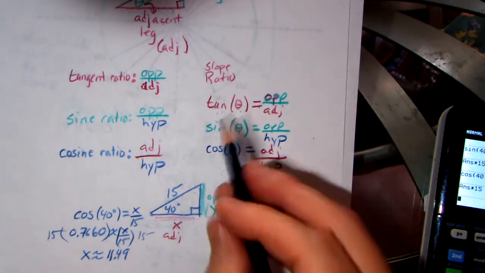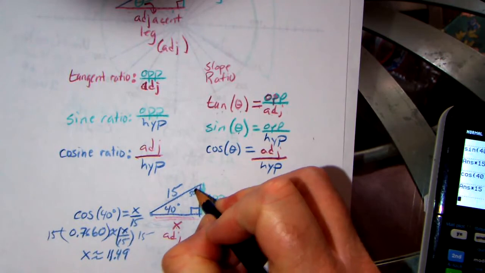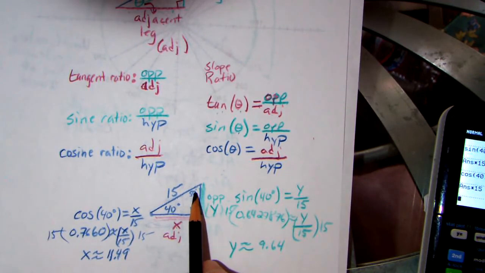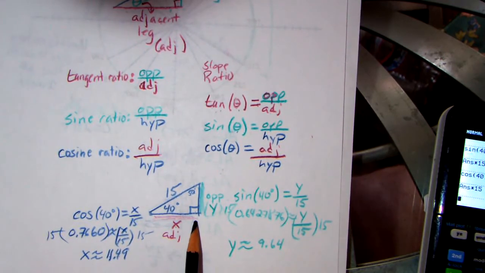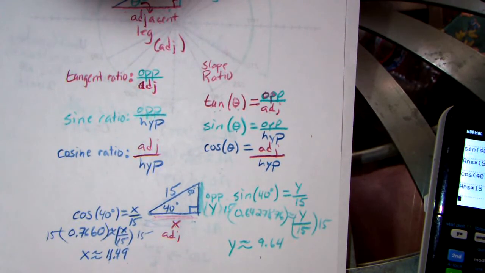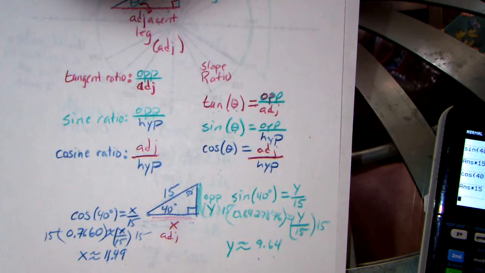So this one is the second biggest angle, so this should be the second biggest side, and 11.49 is smaller than 15, but bigger than 9.6. So that matched up, and then the smallest side, 9.64, is opposite the smallest angle. So that is what those ratios are, and a quick view of how to use them with sine and cosine.